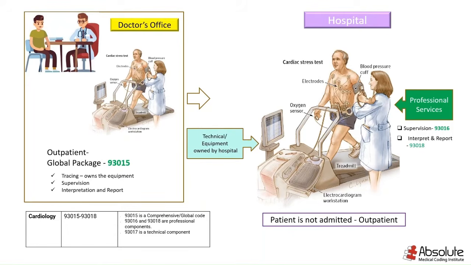At the same time, the hospital can code for the technical component because they own the equipment, and they can claim for the tracing which they did, that is 93017. So the hospital will be coding 93017, the technical component, and our doctor would claim for the supervision and the interpretation, with CPT codes 93016 and 93018.